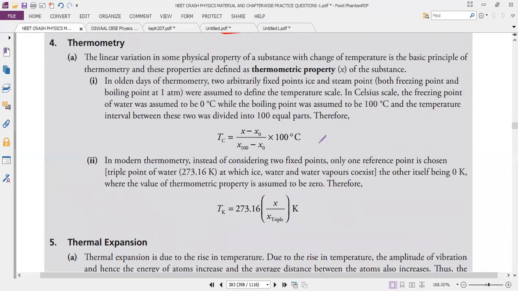And one more important formula, the faulty thermometer. Anybody remember how to find the faulty thermometer? The formula for finding the faulty thermometer.